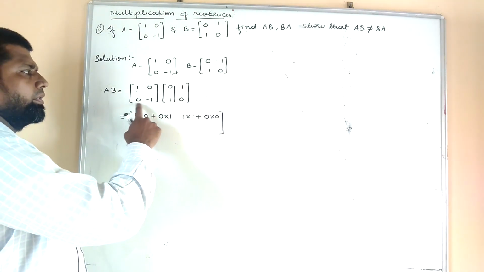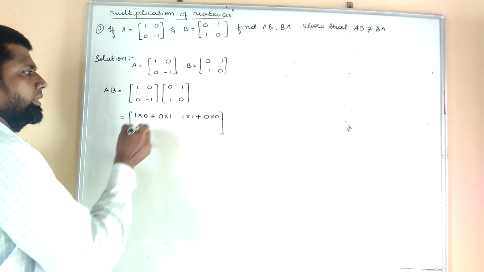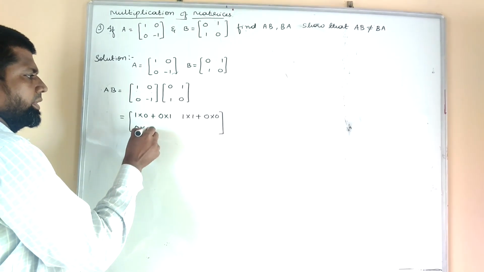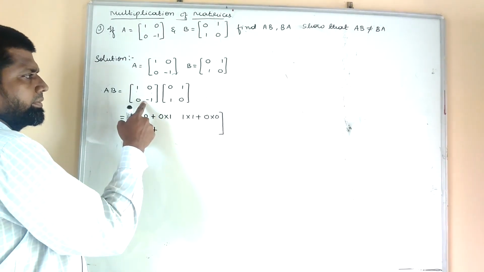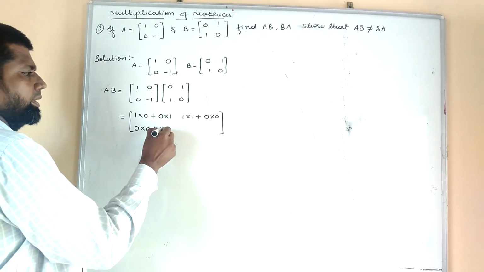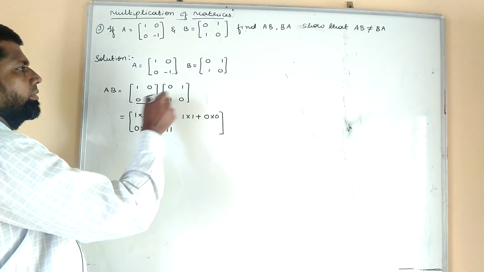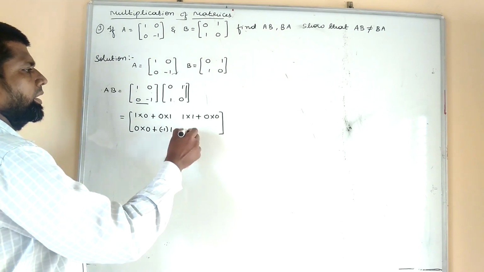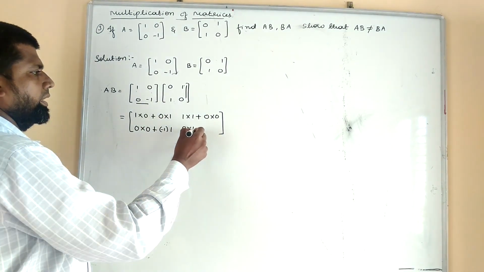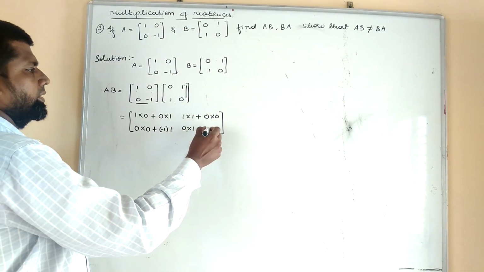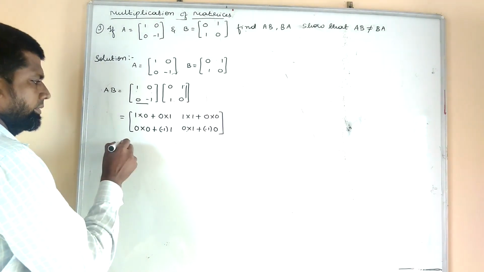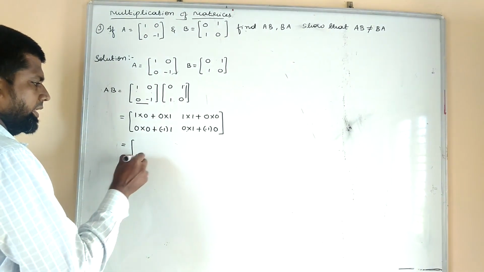Next, second row, first column, 0 into 0 plus minus 1 into 1. Then second row, second column, 0 into 1 plus minus 1 into 0. So if you multiply, what are you getting?